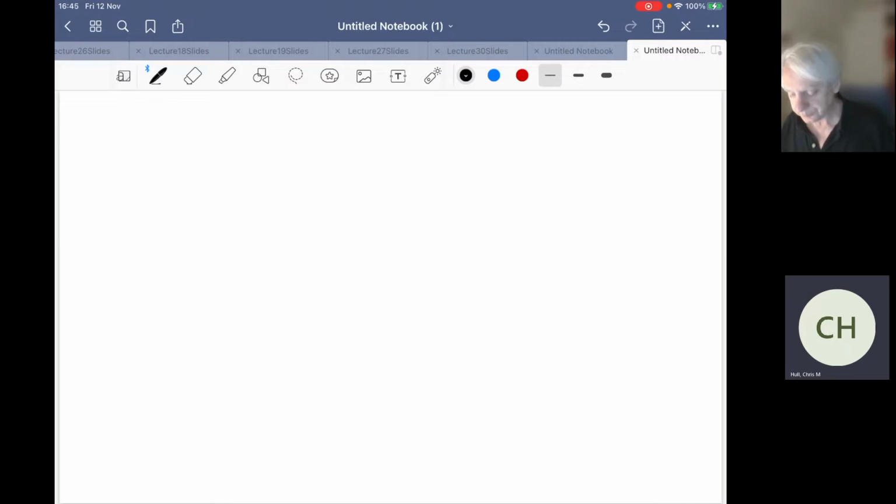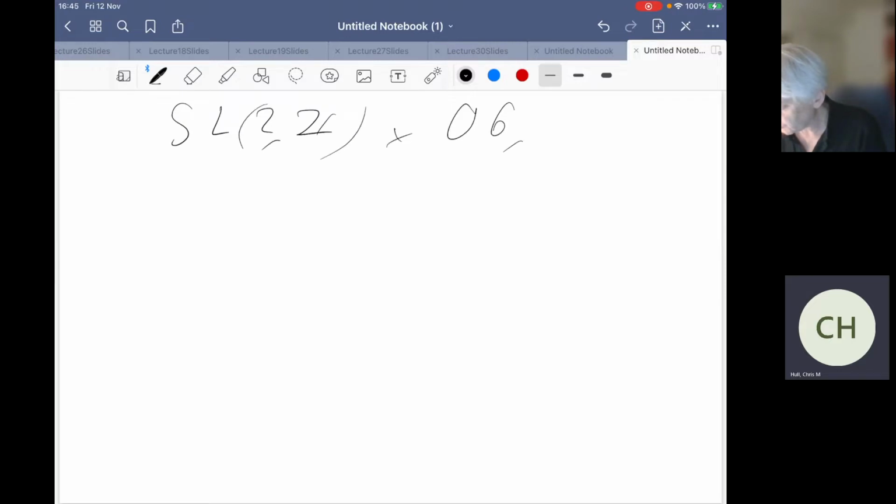So now, in particular, we have a symmetry which is SL(2,Z) cross the T duality group O(6,22;Z).